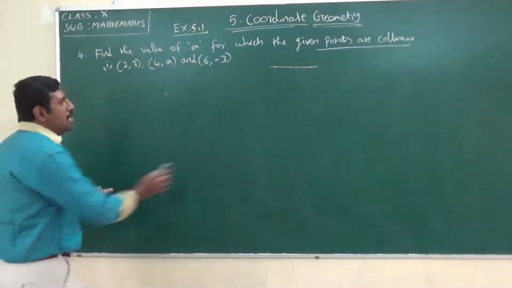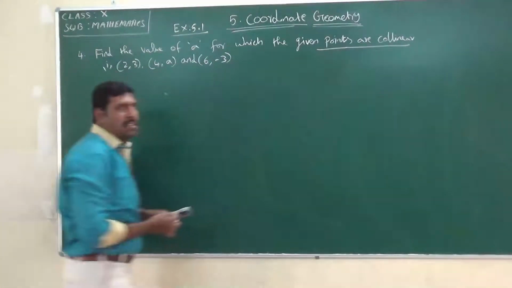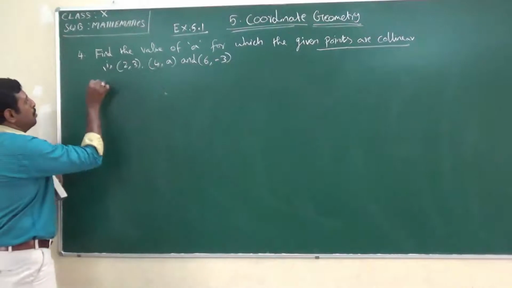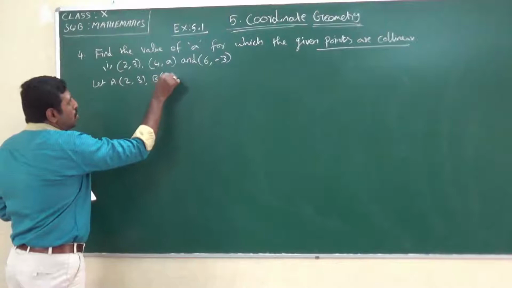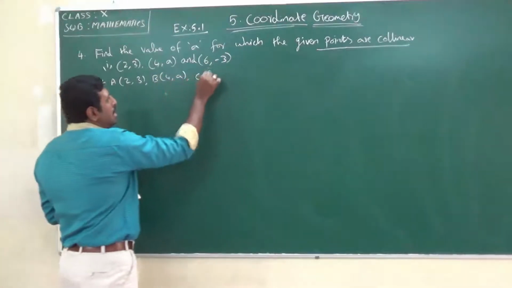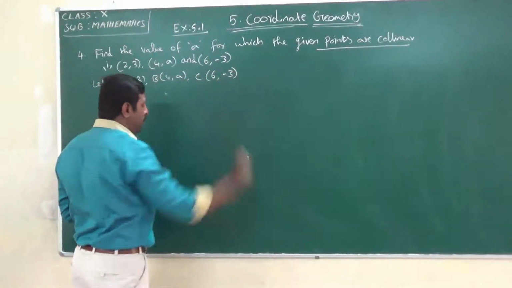So let me take, by the collinear condition given, the first point A as (2, 3), B as (4, a) and C as (6, minus 3).